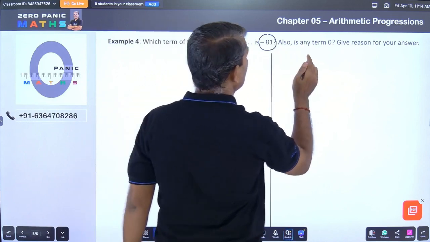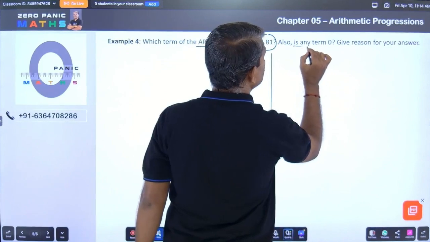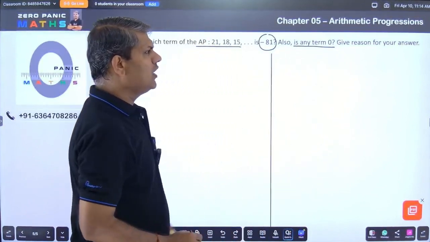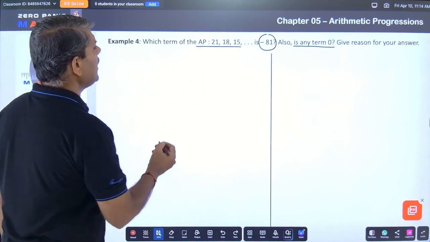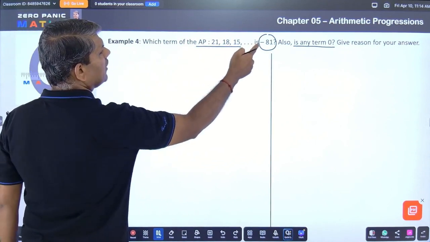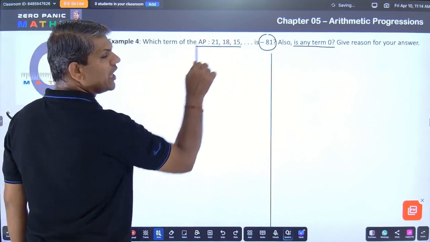There is also a second part of this problem: is any term 0? Give reasons for your answer. So there are two parts. Let us first find which term will be minus 81 for this arithmetic progression.